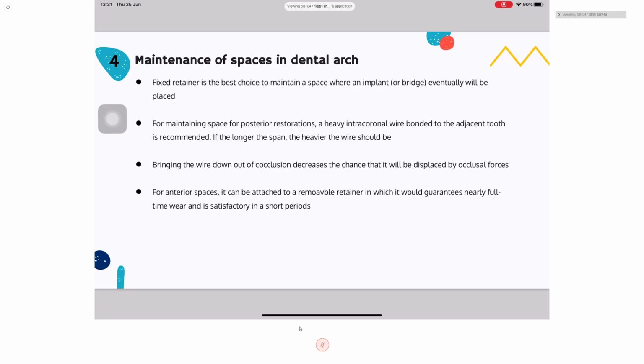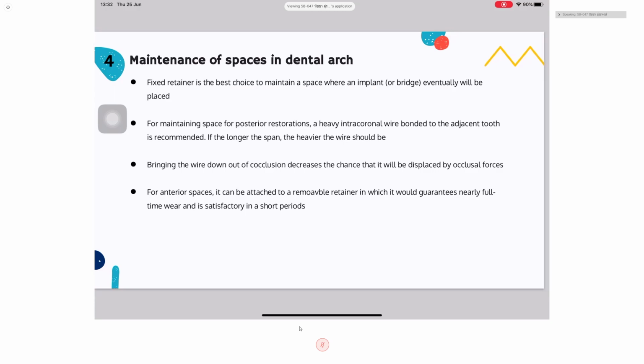Bringing the wire down out of occlusion decreases the chance that it will be displaced by occlusal force. For anterior space, it can be attached to a removable retainer, which would guarantee nearly full-time wear and is satisfactory in a short period.